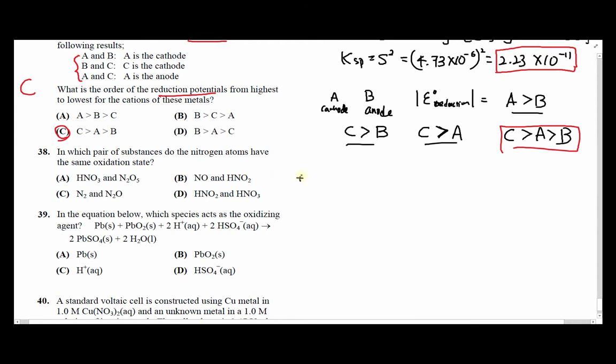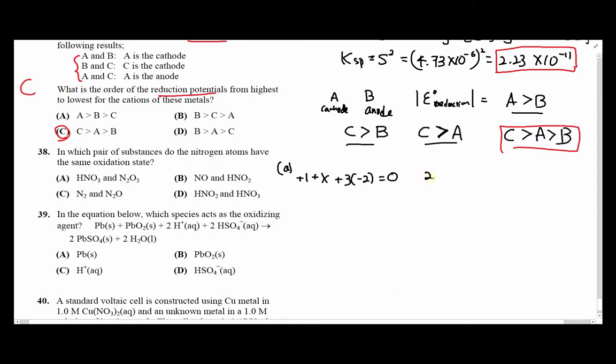Hydrogen has +1 for A, and then plus X is what we want to know, the oxidation number of nitrogen. And then we have 3 oxygen atoms with -2 charge, and the sum of all these happens to be 0. And how about the nitrogen in dinitrogen pentoxide?